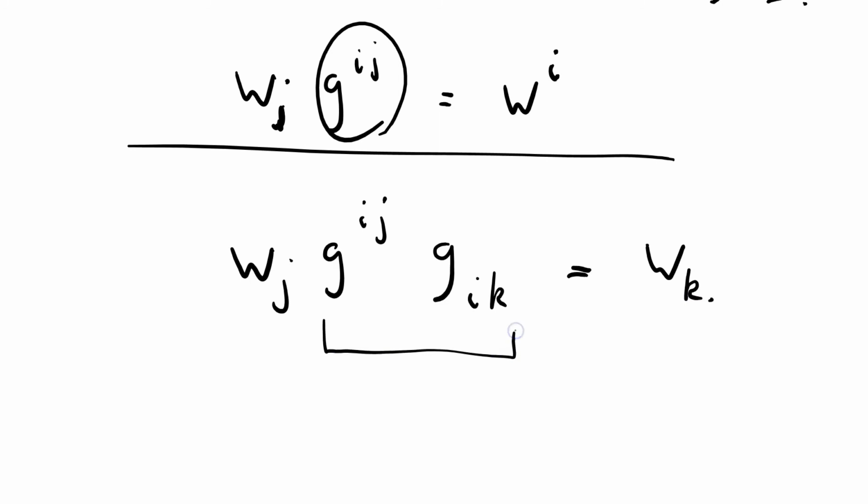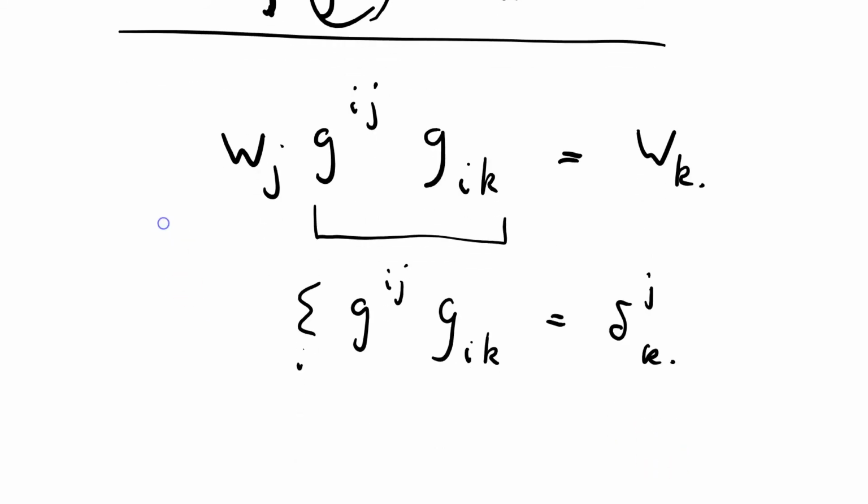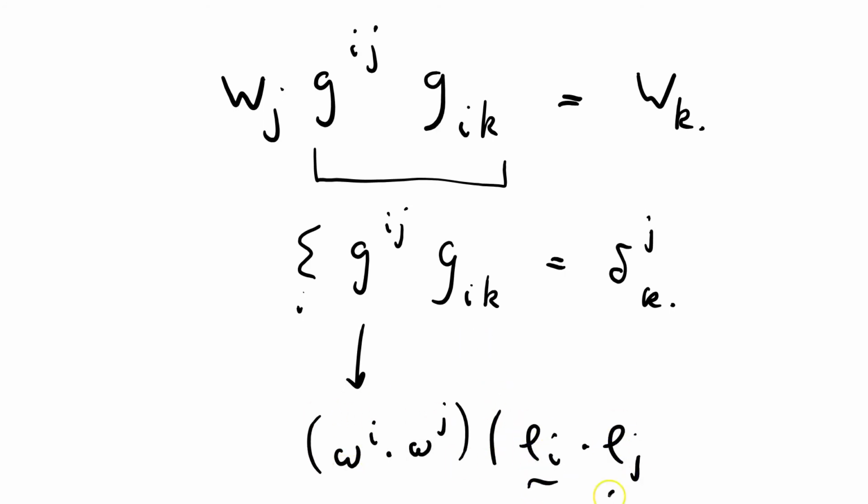So these things, g^ij and g_ik, summed over i of course, should equal the identity operator. And of course it does, because this term here equals omega i dot omega j, and this one here is ei dot ek.